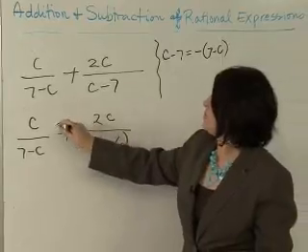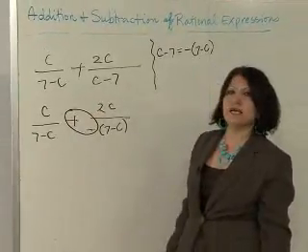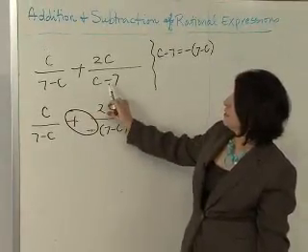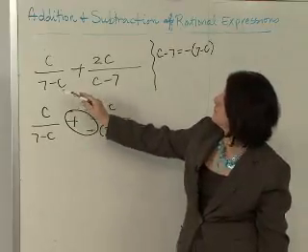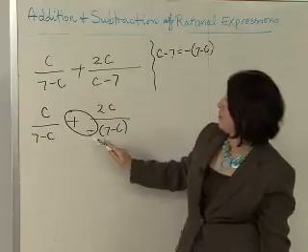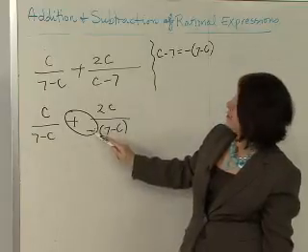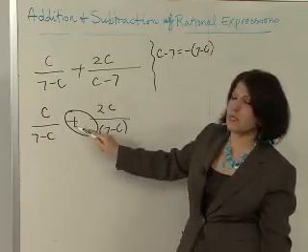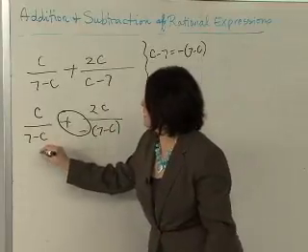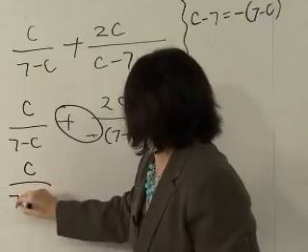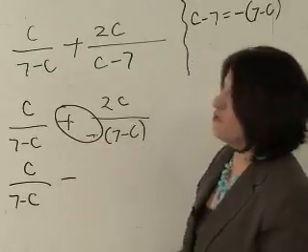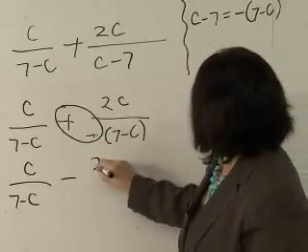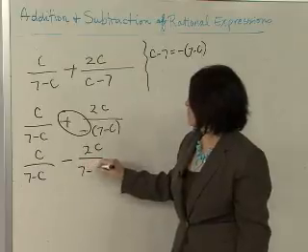So my next step, once I produce that negative sign, changing a number to look like its opposite is going to produce a negative sign. This negative sign is going to change the sign in the middle. So I could rewrite this as c over 7 minus c, a positive and a negative is going to give you a negative, and then I have 2c over 7 minus c.